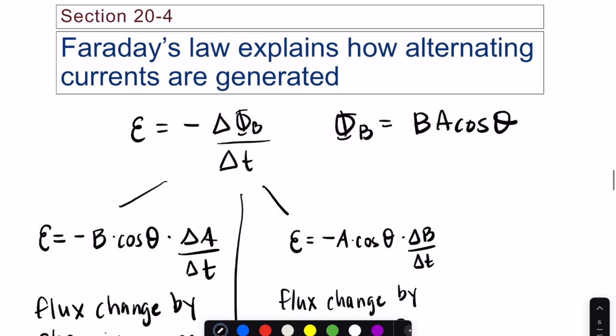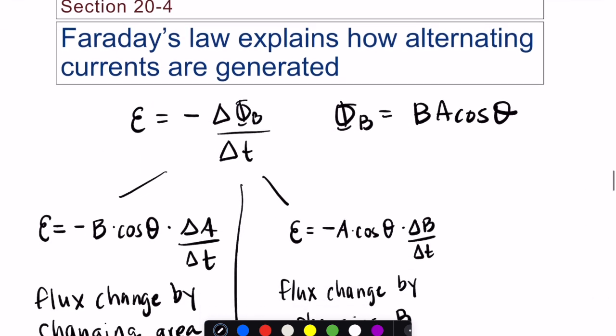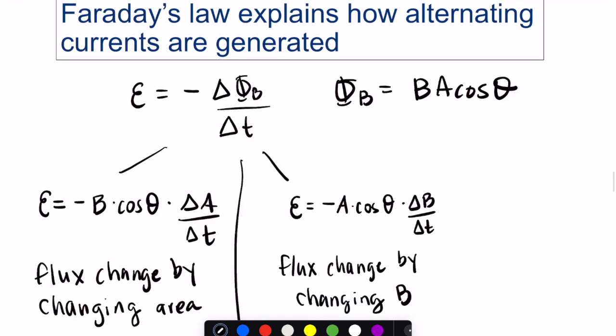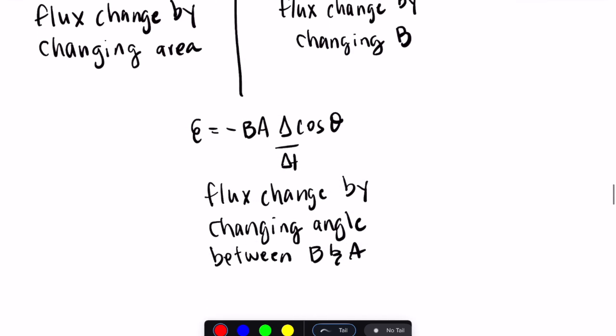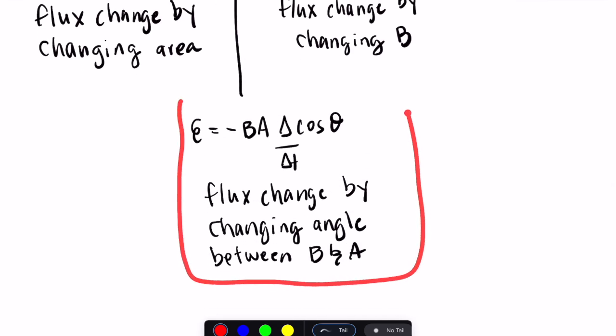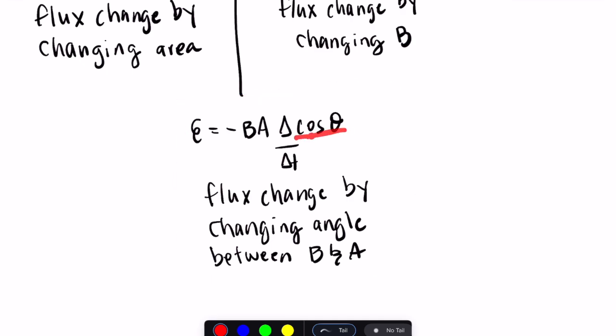Final section. All right, what did we talk about so far? We talked about flux change due to area change, right? We talked about flux change due to magnetic field magnitude changing. So the final step in creating an induced EMF is by examining flux change due to the angle between B and A changing with time.